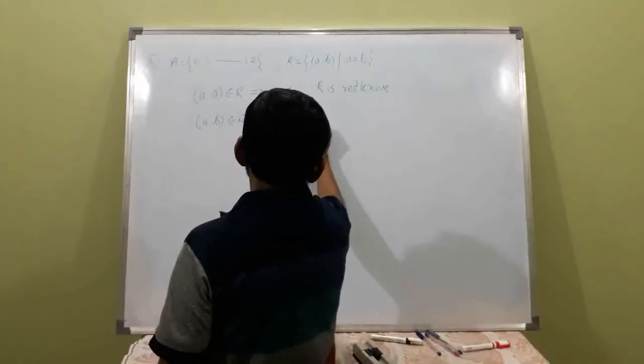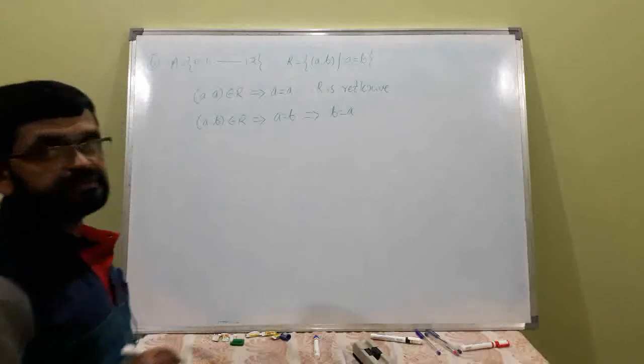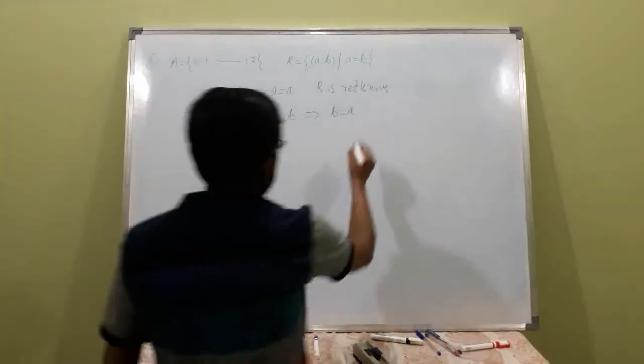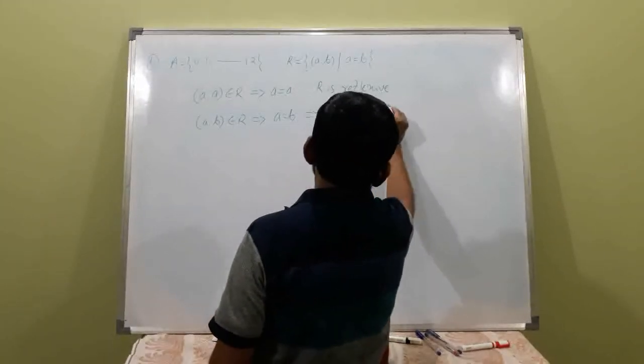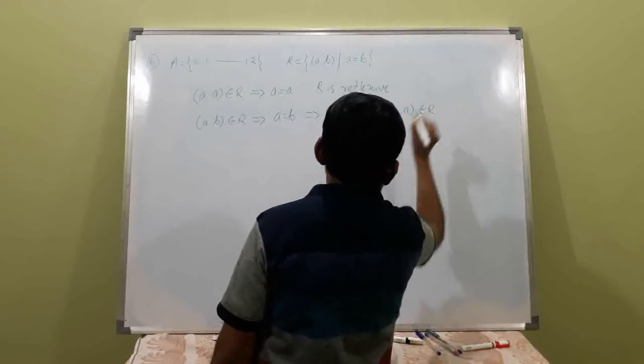This implies b is equal to a, commutative property of numbers.